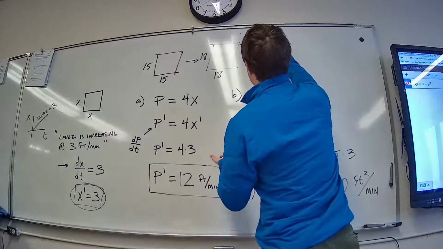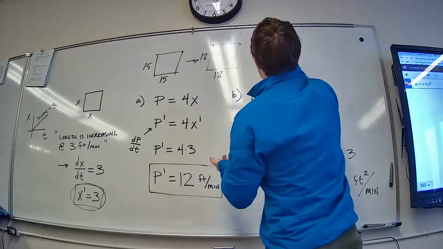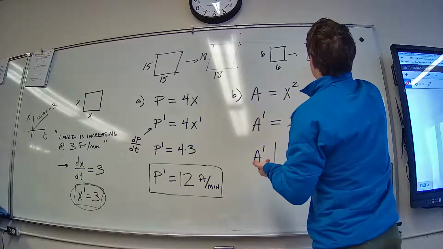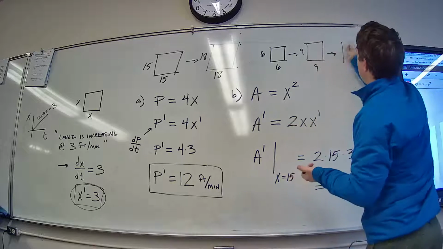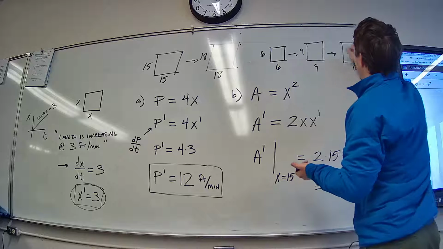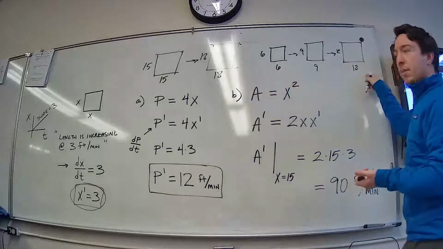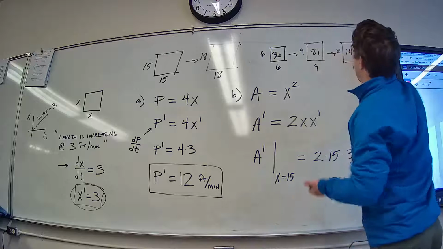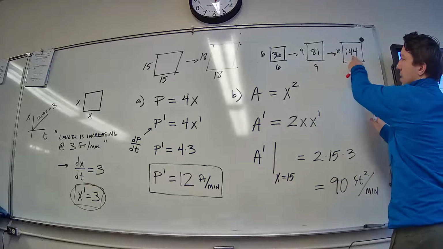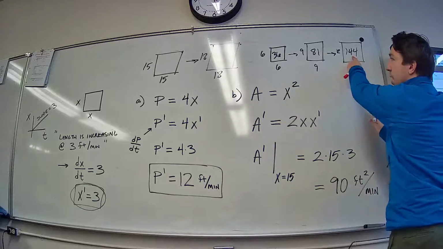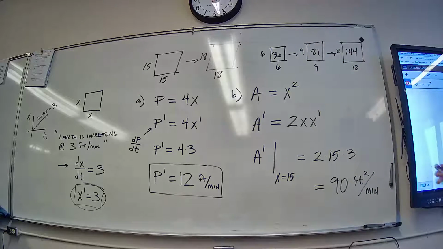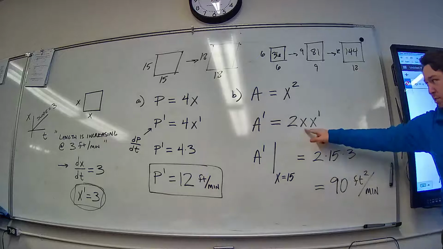If you go from a 6 by 6 to a 9 by 9, and then to a 12 by 12, notice I added 3 every time, but we went from 36 to 81 to 144. That jump is a lot bigger than this jump.